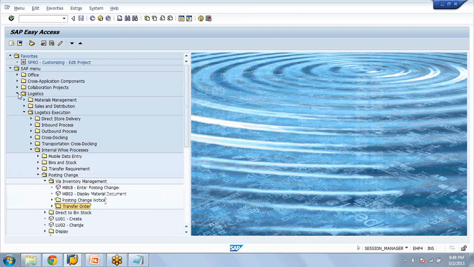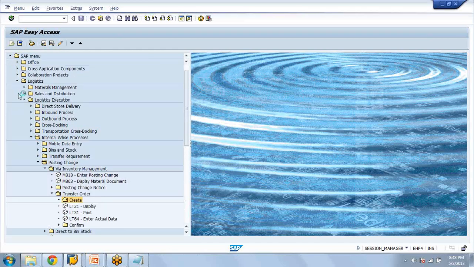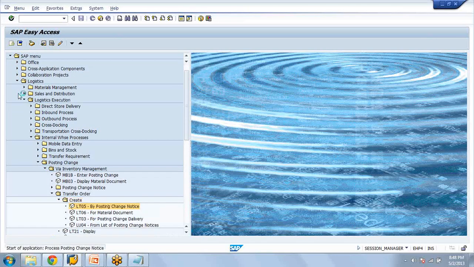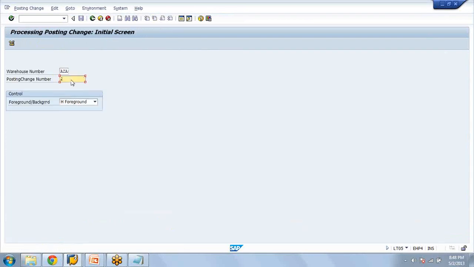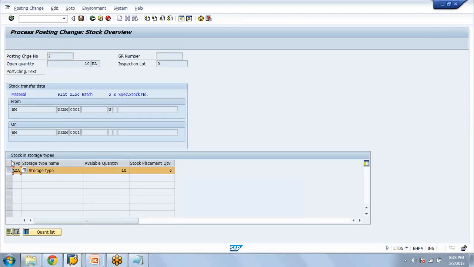The posting change is 2. It is transferring the material from blocked stock to normal, unrestricted stock.